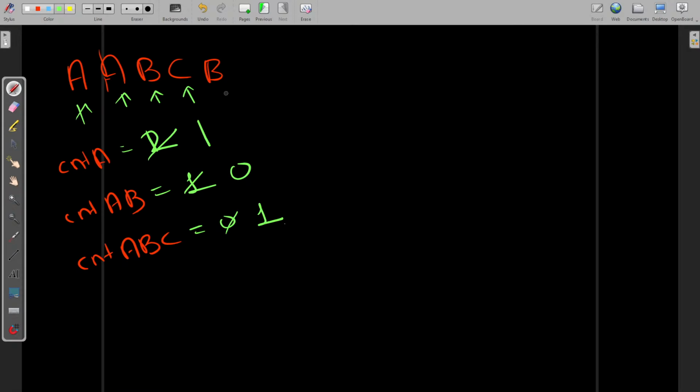Now when I encounter B, I will make a pair of AB. So this will go to 0 and this will go to 1. So the final state would be count A is 0, count AB is 1, and count ABC is 1. So we are able to form only one tuple of ABC in this particular case. So that is our solution for this particular problem.